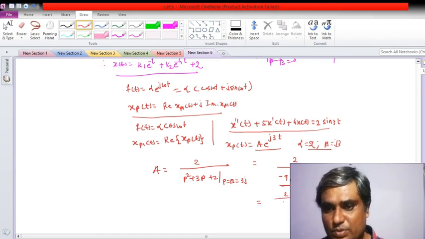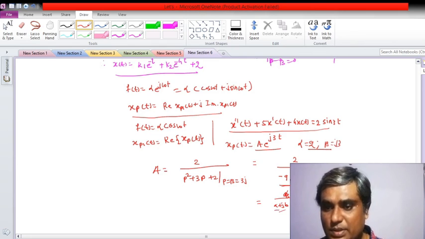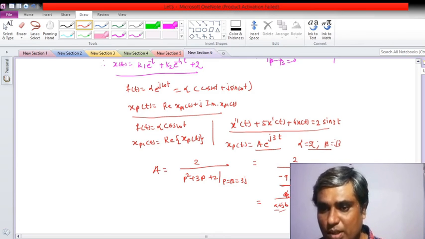Suppose a plus jb is some constant, say M. You can express a plus jb as magnitude times e raised to j tan inverse of imaginary divided by real.